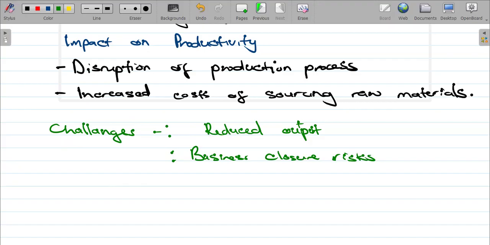Right. Let's move on to another issue that can have an impact on productivity, which is inefficiency in the use of resources.